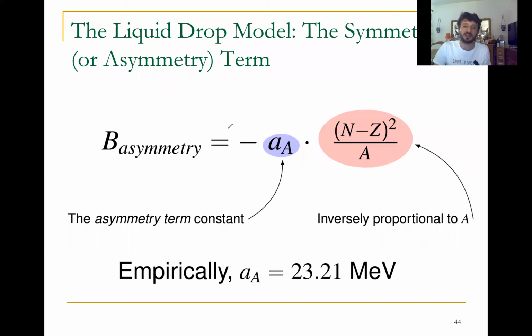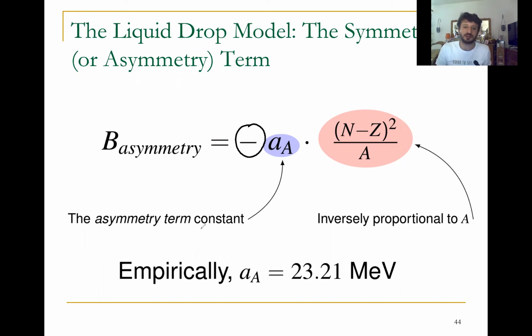B asymmetric equals minus AA times (N minus Z) squared divided by A. This asymmetry can contribute to reducing the global value of the binding energy. For this reason we have the minus sign.